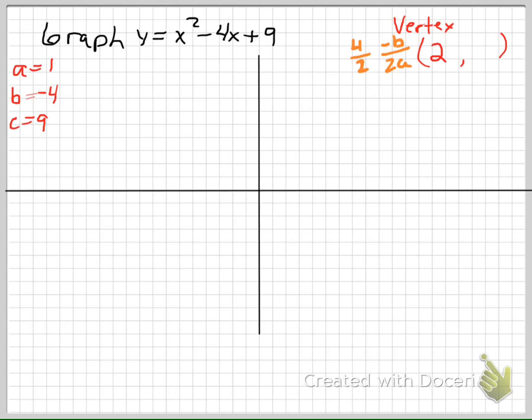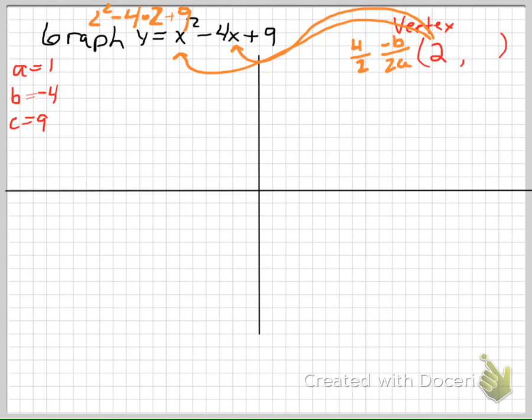Now we have to do whatever plug and chug means. Sounds pretty exciting. Plug and chug simply means we're going to take the 2 and put it into the equation and figure out what it equals. So you plug the 2 in and chug out an answer. We get 2 squared minus 4 times 2 plus 9.